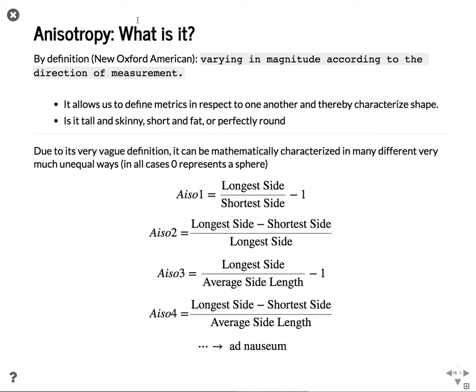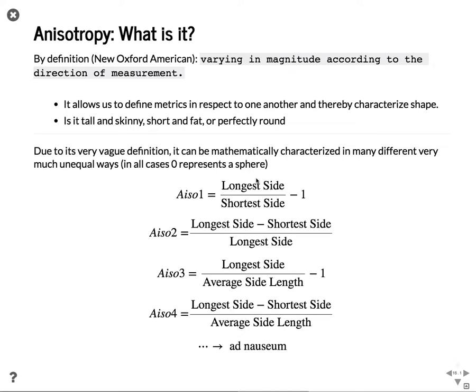Anisotropy is a very vaguely defined term. Varying in magnitude according to the direction of measurement is the official definition. And correspondingly, there are hundreds of different metrics for how you calculate anisotropy. So when you read scientific papers or look at works people do, everyone picks whatever value of anisotropy or whatever formula they like the best.